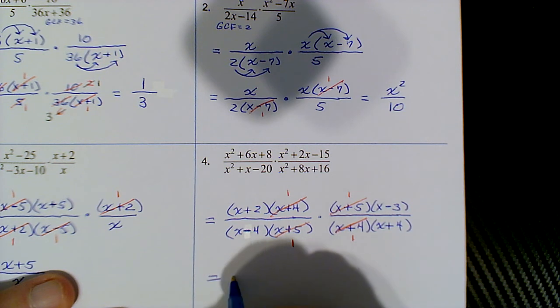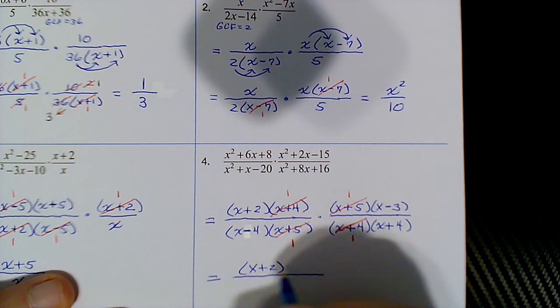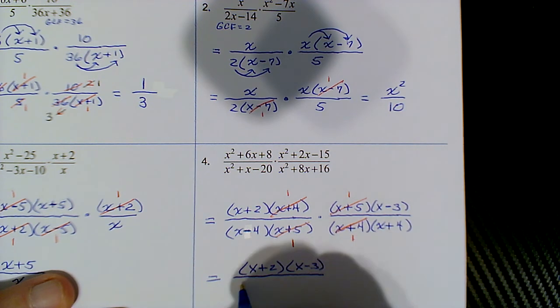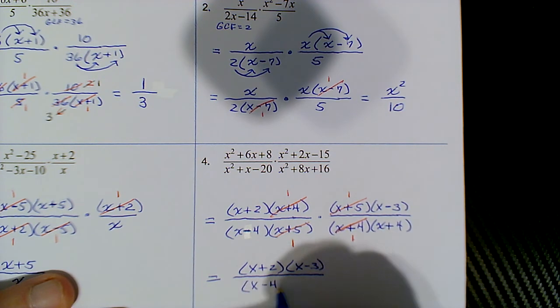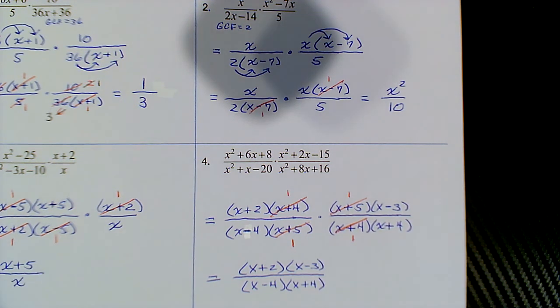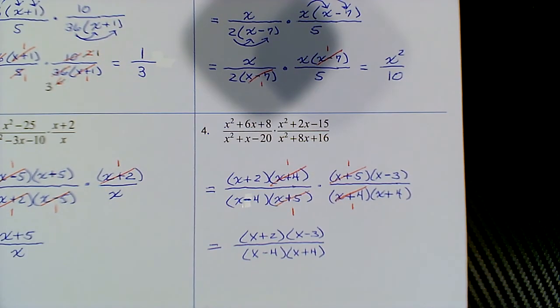So in terms of our final answer, we want to leave it as x plus 2 in parentheses times x minus 3 in parentheses over the x minus 4 and x plus 4, both respectively in parentheses, because that's what we consider to be factored form. Okay, so we don't want to multiply that out.